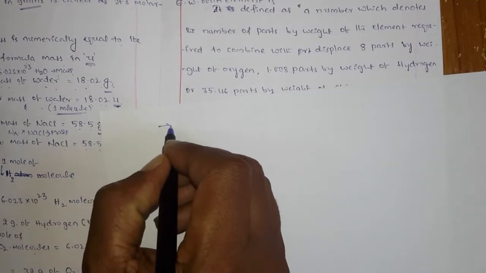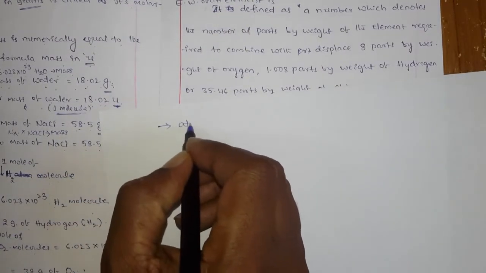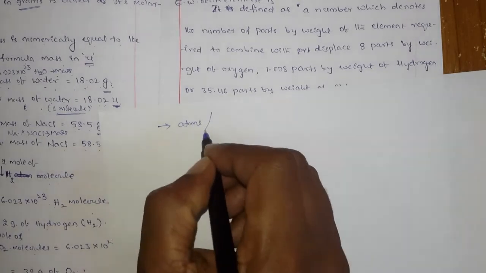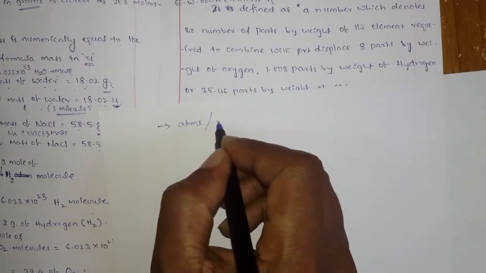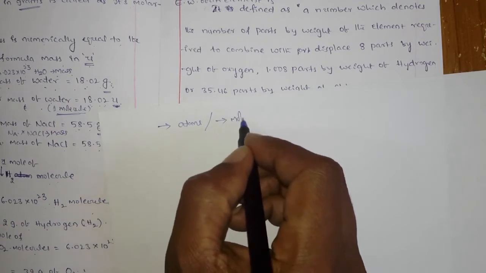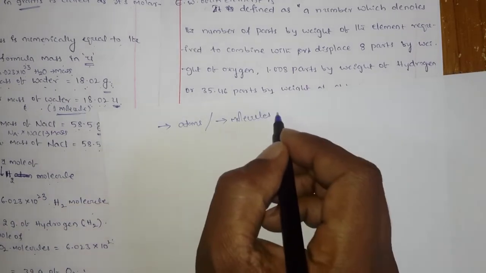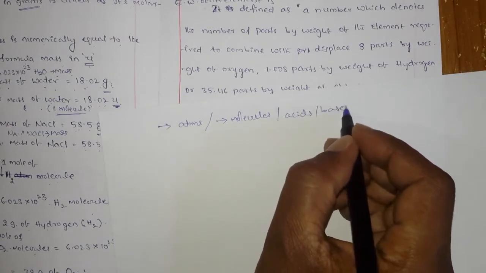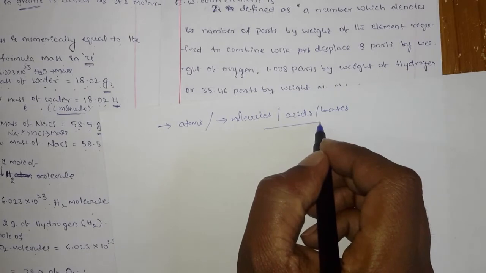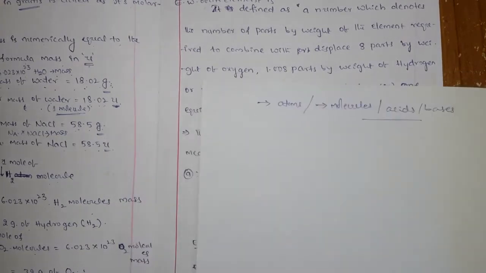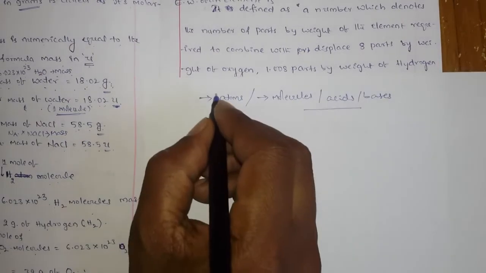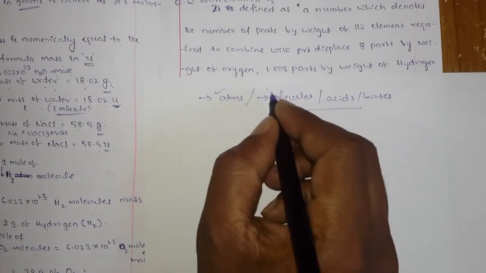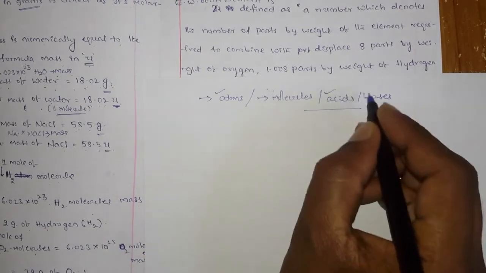You can calculate the equivalent weight for atoms, molecules, acids and bases, and the calculation is a little different for each. So we go step by step: first atoms, next some molecules or acids, and next bases.